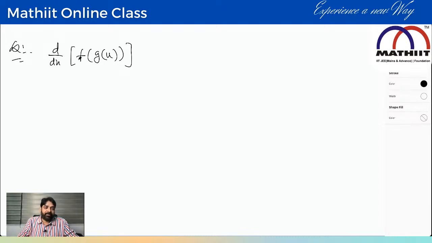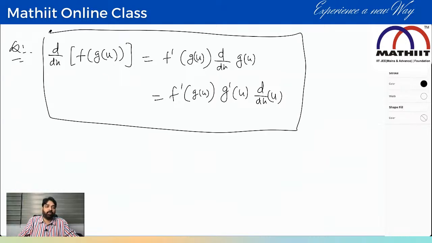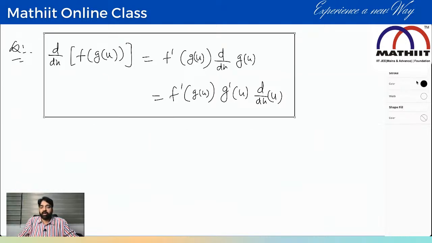D by dx of f will be f dash g of u into differentiation of g of u, that is g dash u into the differentiation of u, d by dx of u. This will be that. And this process is called the chain rule.